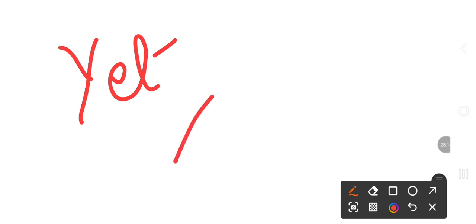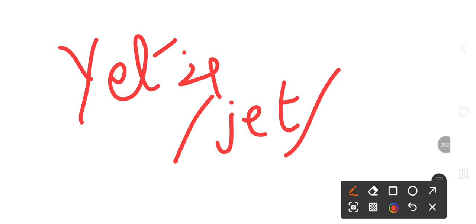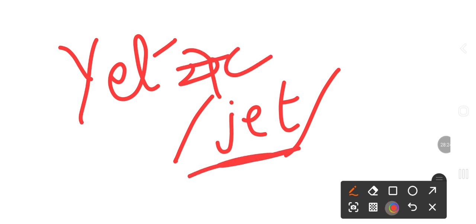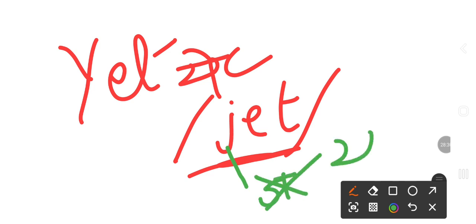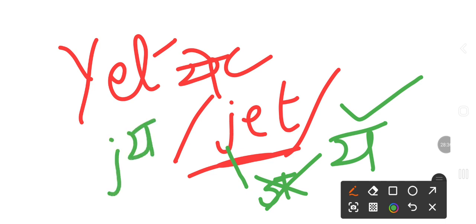So how to write yet? This way. This is the y sound. Yet. So don't get confused. This is not j. This is the y sound, right? Okay.